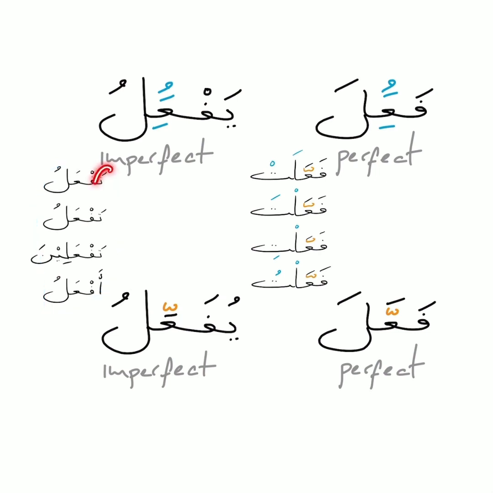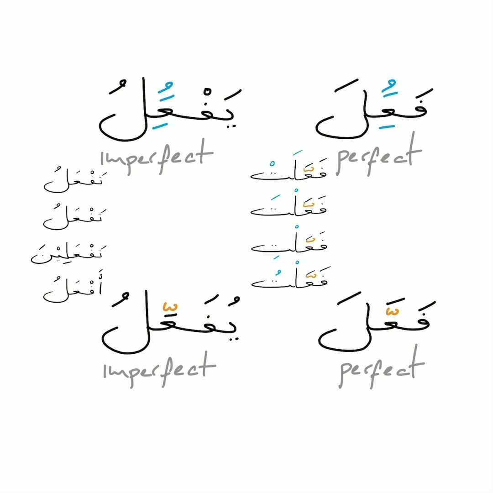So this ta can either mean she is or you are, depending on the context. And then she is doing and I am doing, yeah? So in order for it to fit onto this pattern, we now have to change the vowels around for these words to now fall into form 2.